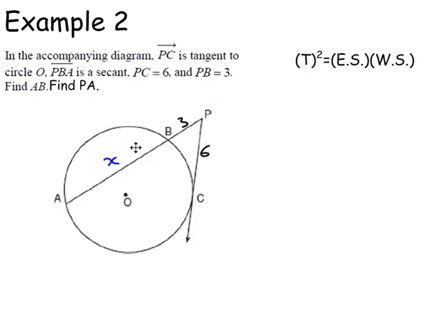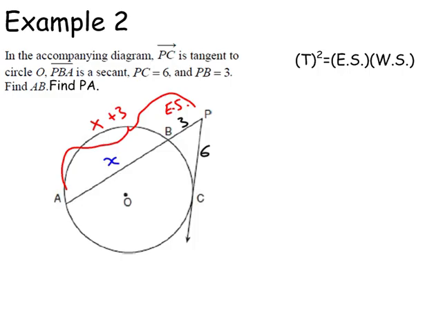We got to find X first. So that 6 represents the tangent. That 3 represents the external secant. The whole secant is going to be the inner secant plus the outer secant. So that's going to be x plus 3.